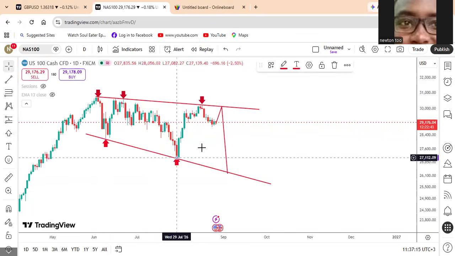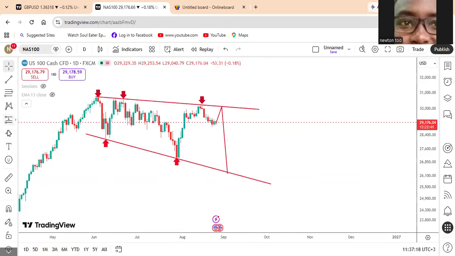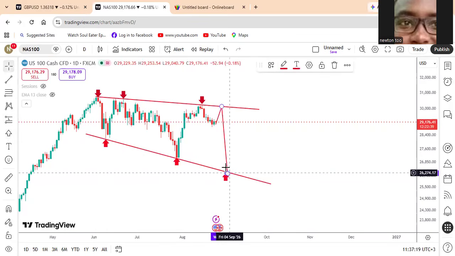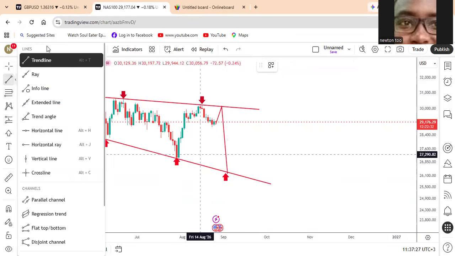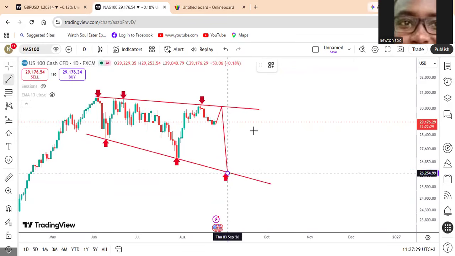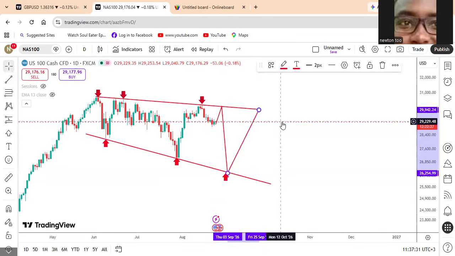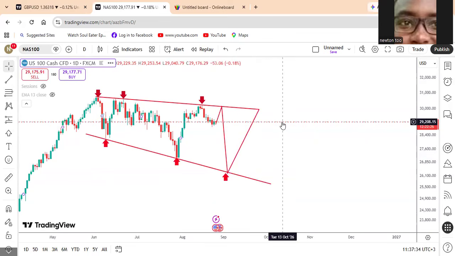Are we together, guys? So this is what to expect. From here again, an uptrend. The market will just be moving from uptrend to downtrend, uptrend to downtrend. So this is what to expect, guys, on today's market.